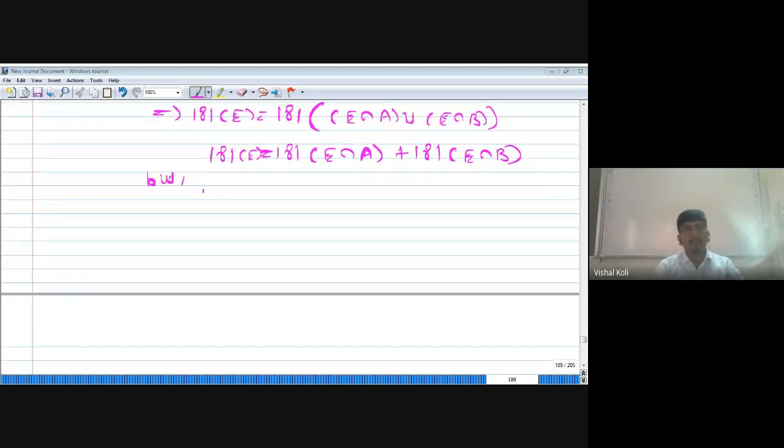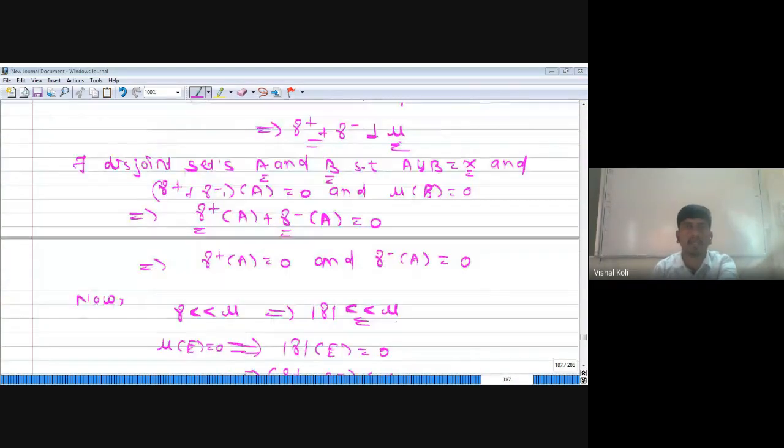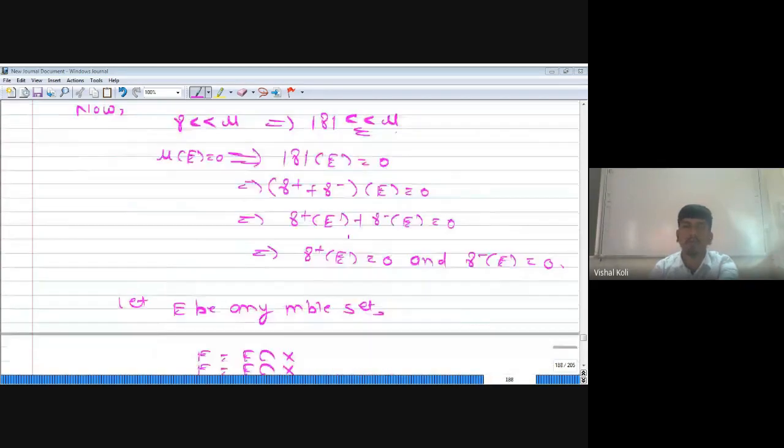but E intersection A is a subset of A, which implies total variation of this E intersection A is less than or equal to total variation of A. But we have proved that total variation of A is equal to 0. That is, gamma plus of A plus gamma minus of A will be equal to 0.